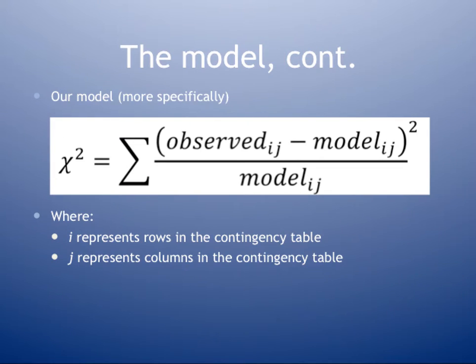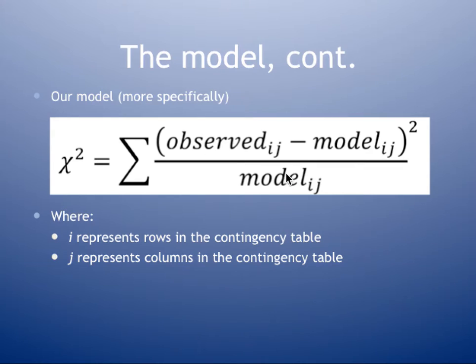So let's get a little bit more specific here. I didn't want to scare you off the bat, but this really isn't that bad. So our model is going to be looking at the observed values for each i and j, which is each row and each column, minus the model for each row and column over the model for each row and column combination.